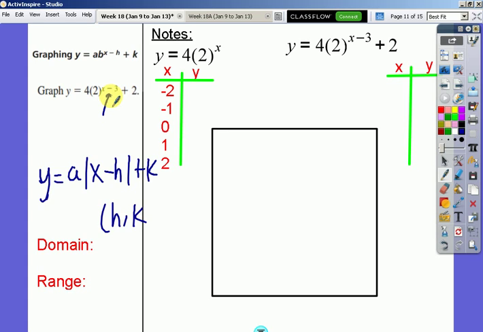Am I going to move left 3 units or right 3 units? I'm going to move right 3 units. Remember, anything that's attached to our h is going to be the opposite. So I'm going to move right 3 units, and I'm going to move what? Up 2. Right. Right 3 units and up 2 units.